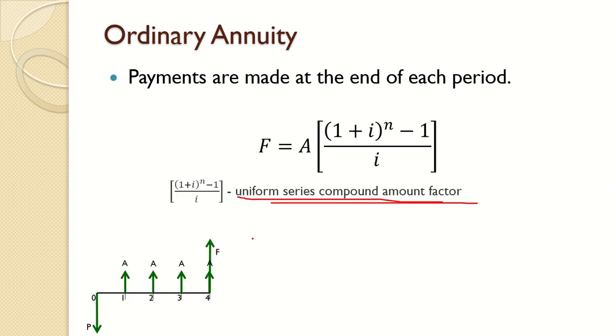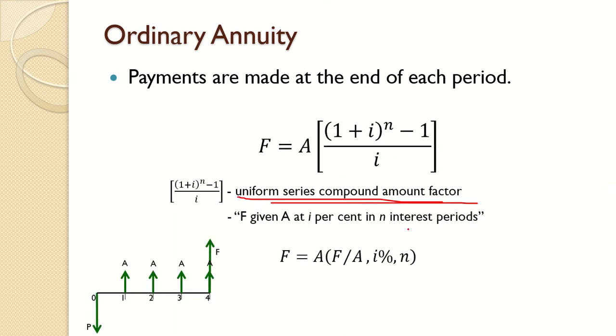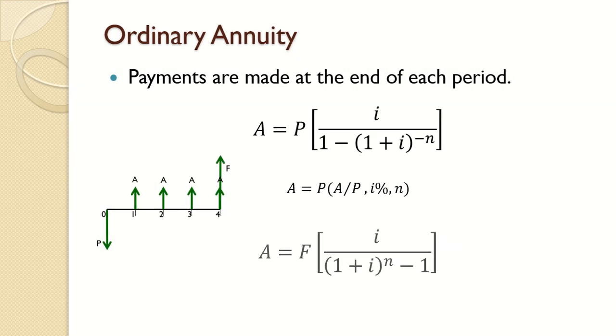Here, F is the compound amount factor and can be notated in this form: finding F given A at I% interest rate in n number of periods. So that's for ordinary annuity. Again, as I told you earlier, we can manipulate the equation so that we can find A, depending on the given, whether P is given or F is given.